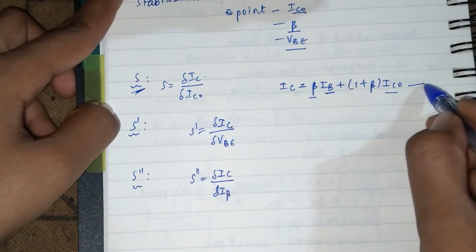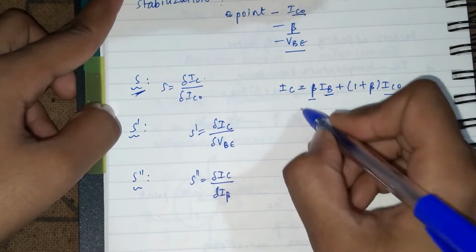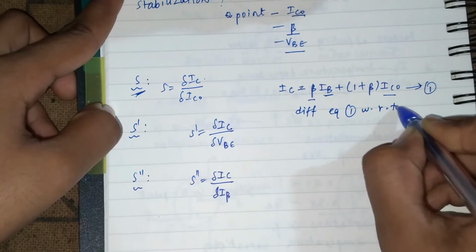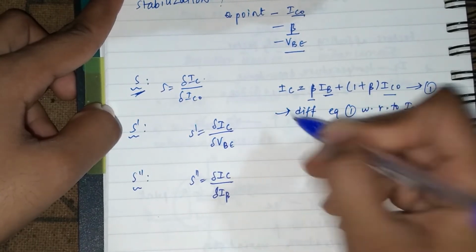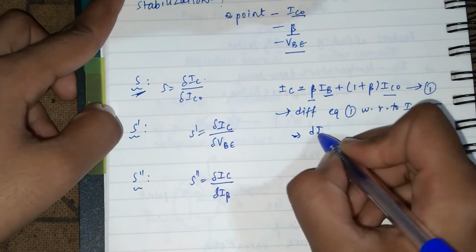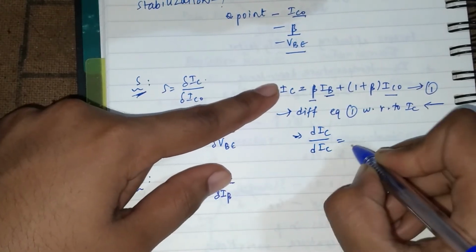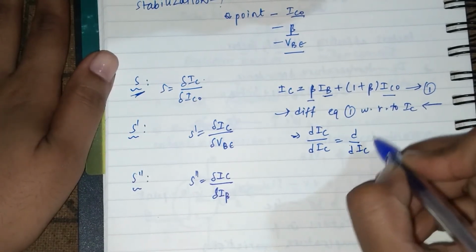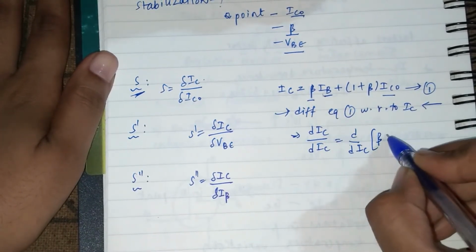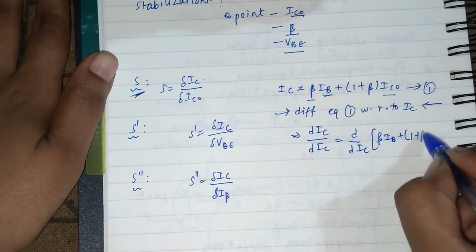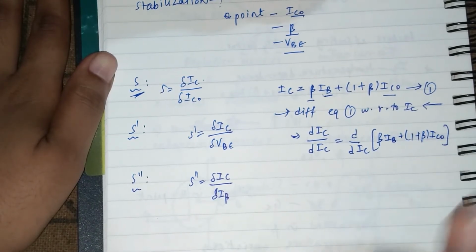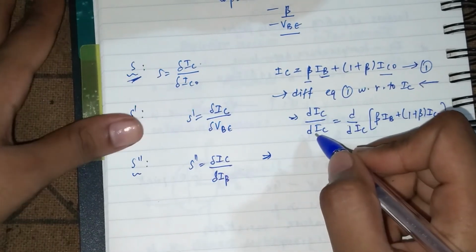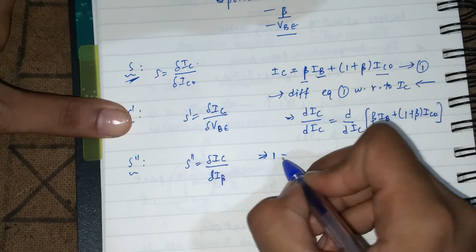Let this be equation number 1. Differentiating equation 1 with respect to IC, we get dIC by dIC is equal to d by dIC of beta into IB plus (1 plus beta) into ICO. We know that dIC by dIC is equal to 1.